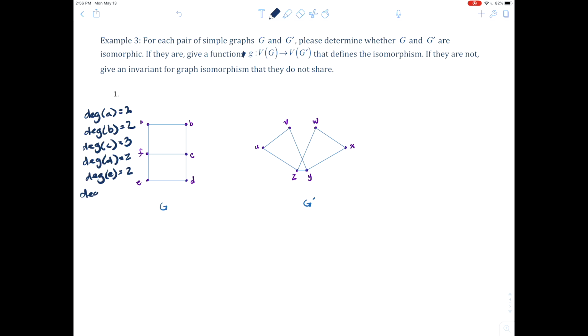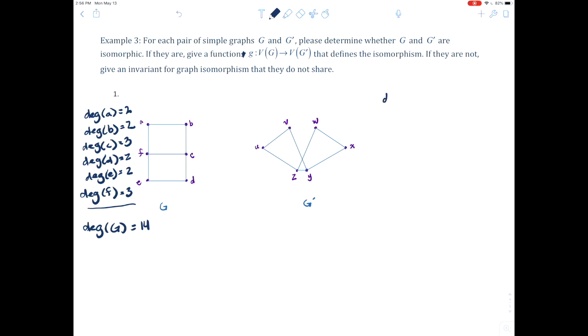And the degree of F is 3. So coming over here, let's look at the total degree of G. If you add up all these degrees, the total degree of G will equal 4 plus 11, 14, right? That is what they sum to.